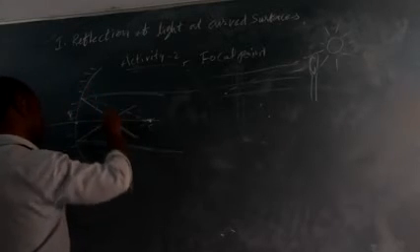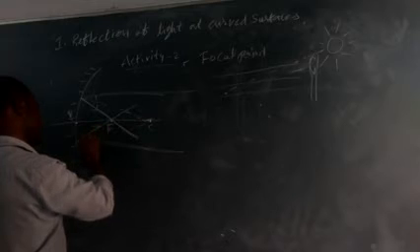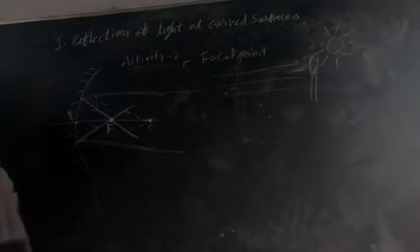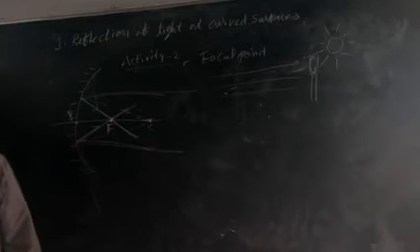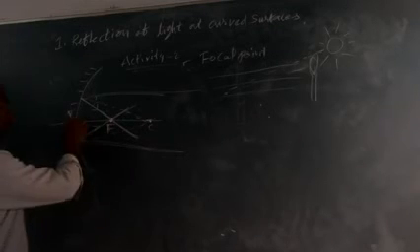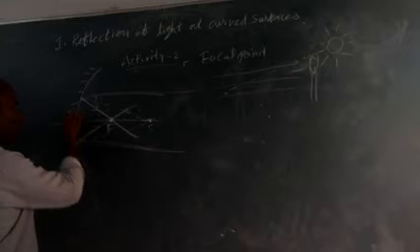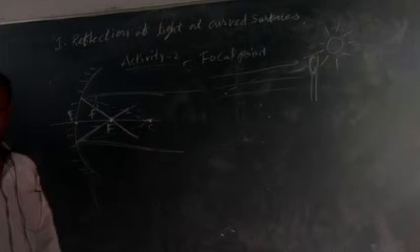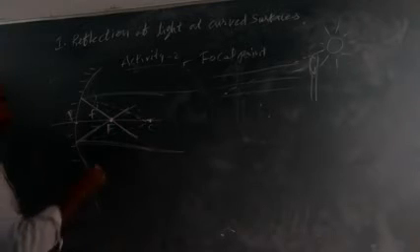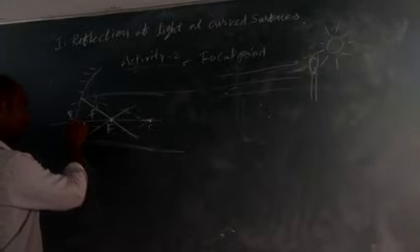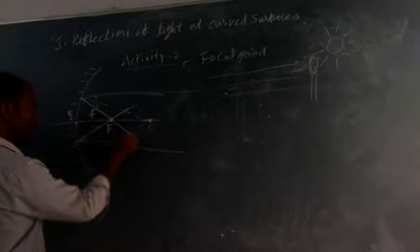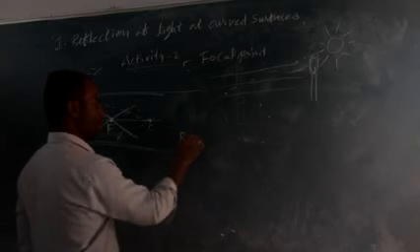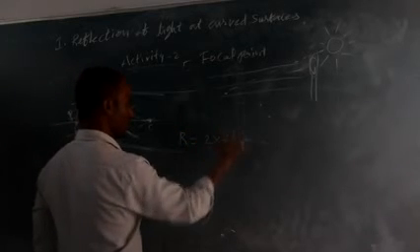Then after reflection, all the incident rays pass through a particular point, that point is called the focal point or focus. The distance between pole and focal point is called small f, that is focal length. The distance from the pole to the center of curvature is called the radius of curvature, capital R. R is equal to 2 into f.